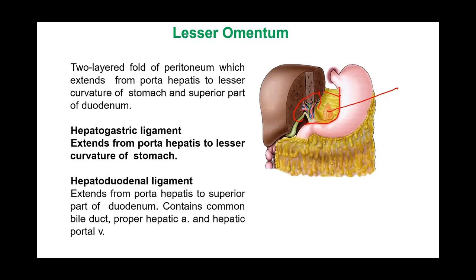Now, the hepatogastric ligament extends from porta hepatis to lesser curvature. So this part is called hepatogastric, as the name implies. This other portion at the free edge that contains the structures which we already described is called hepatoduodenal ligament.